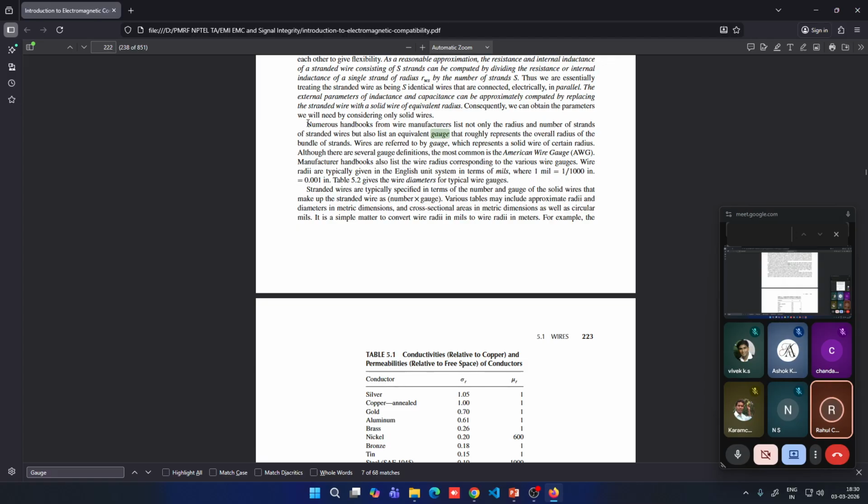Okay, so this is given here. Numerous handbooks from wire manufacturers don't give the diameter in millimeters. They just give this in gauge.